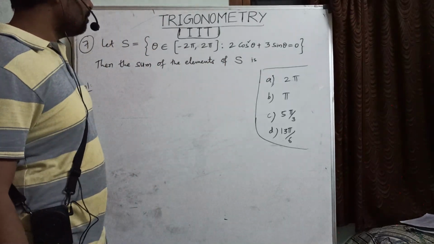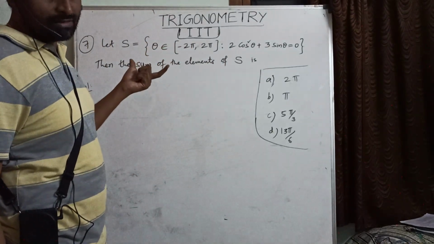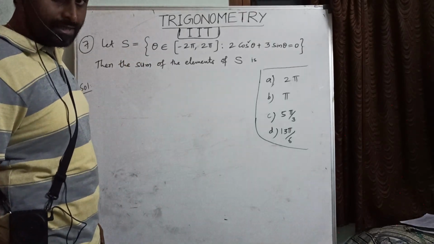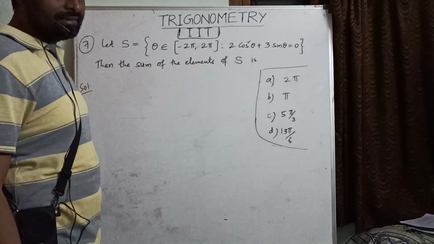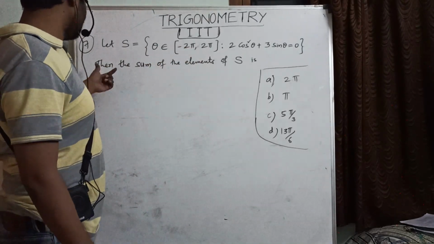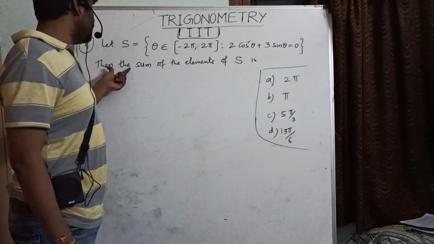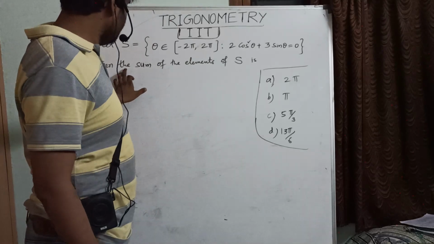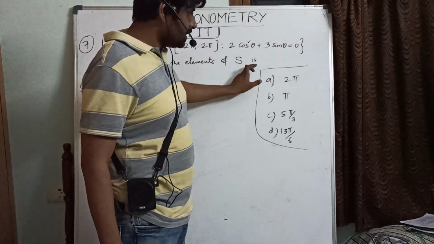Right? So here one equation was given. This is a question from trigonometric equations. Correct? So there we have learnt finding trigonometric equations. Then what are you going to find out? Then the sum of the elements of S is.